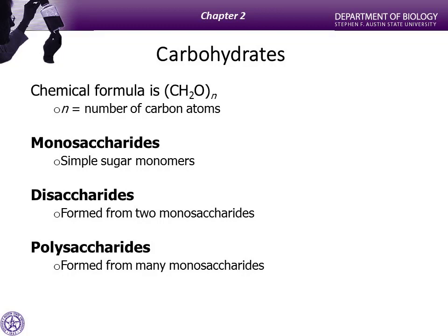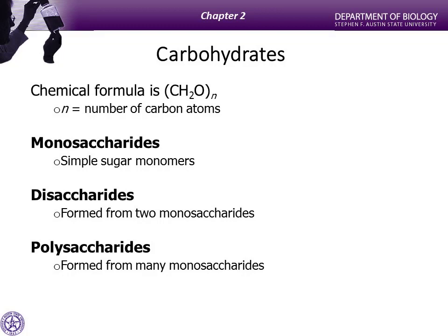We've got some slides coming up, but glucose has 6 carbon molecules. And using this generic formula, what would be the formula of glucose with an n of 6? C6H12O6. See how that works? So if you remember that very simple formula and know glucose has 6 carbons, I mean, that'll take you far.